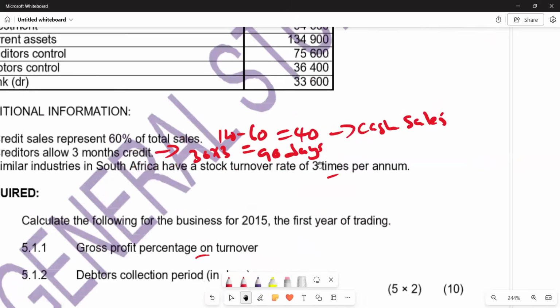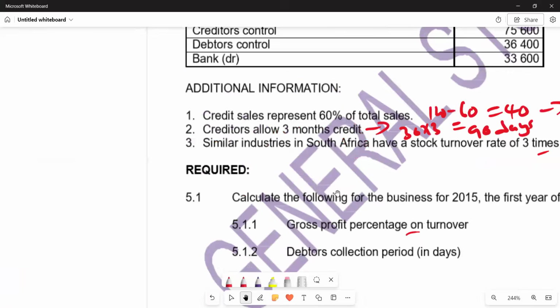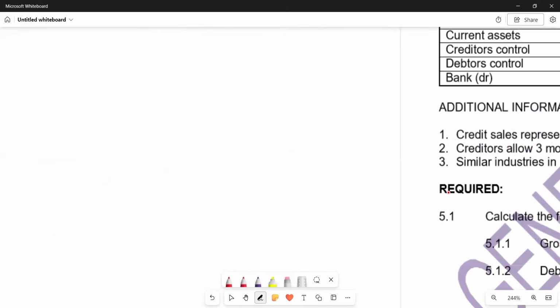Talking about 5.1.1, we are going to calculate our gross profit percentage on turnover.